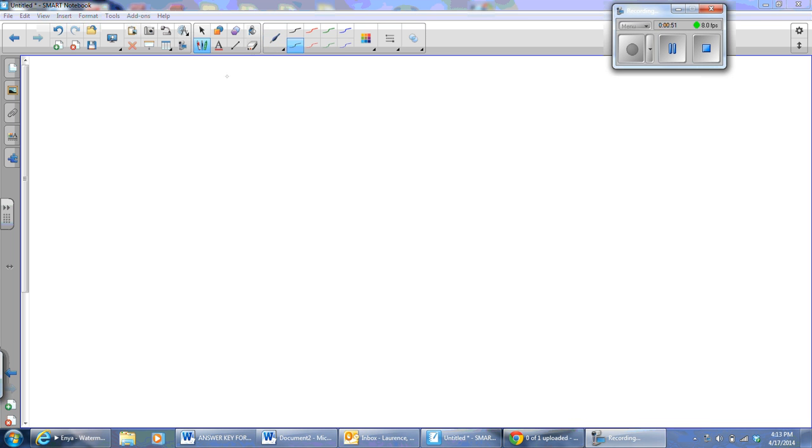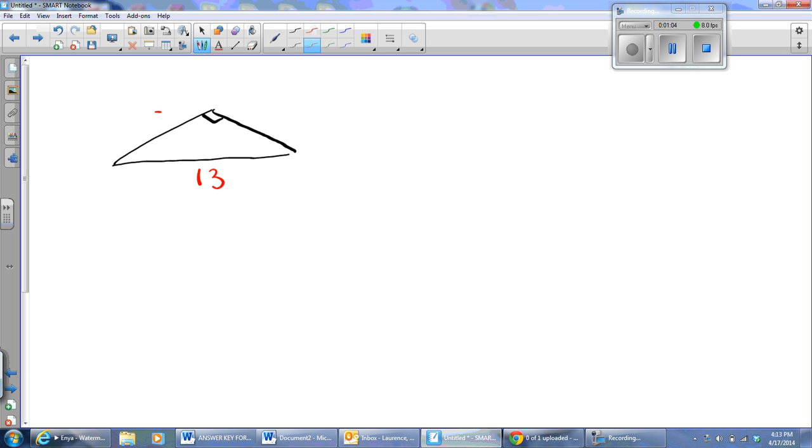So if we have a right triangle like this, and my right angle is here, and I know that this side is 13, this side is 8, and I'm looking for that side, I can set up the equation a squared plus b squared equals c squared. And the most important part is c. I'm going to draw an arrow from the right angle, and when I do that, I hit c.